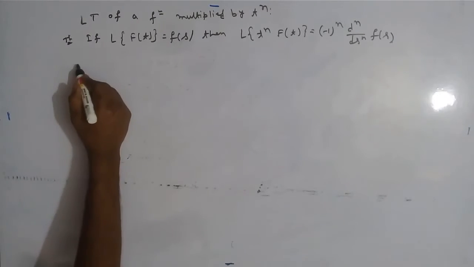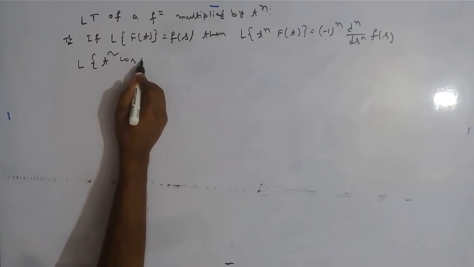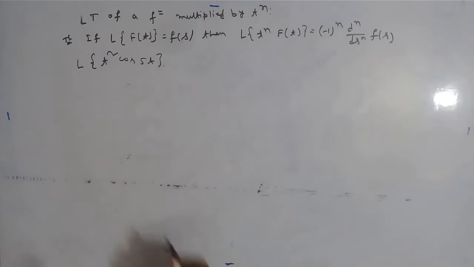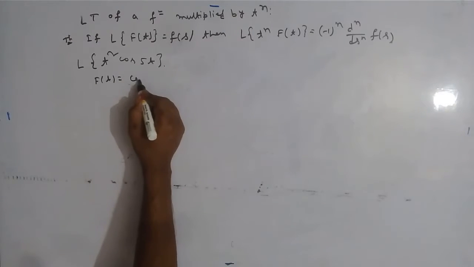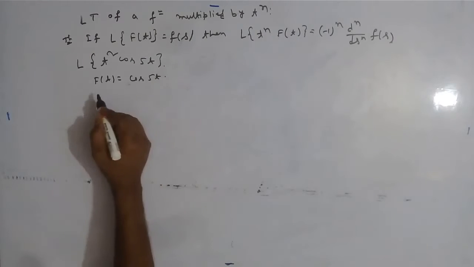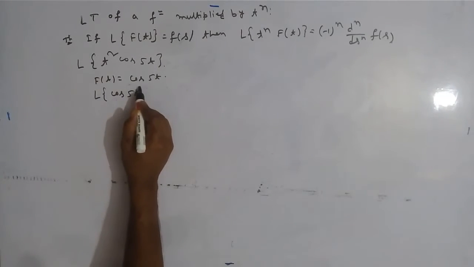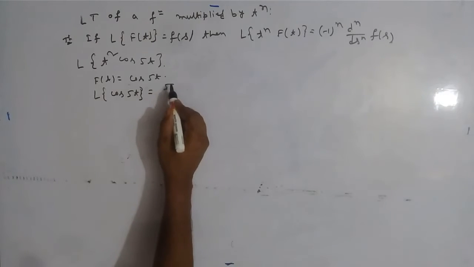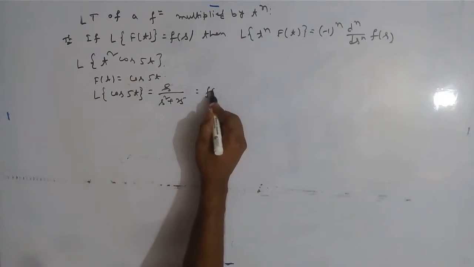Let's find the Laplace transformation of t square cos 5t. Here we see that cos 5t is multiplied by t square, so we take f(t) as cos 5t. Then L of cos 5t will be, as we know, s by s square plus 25, and this is F(s).